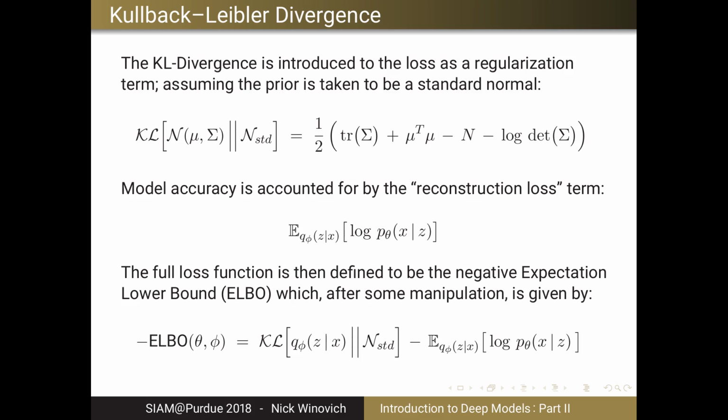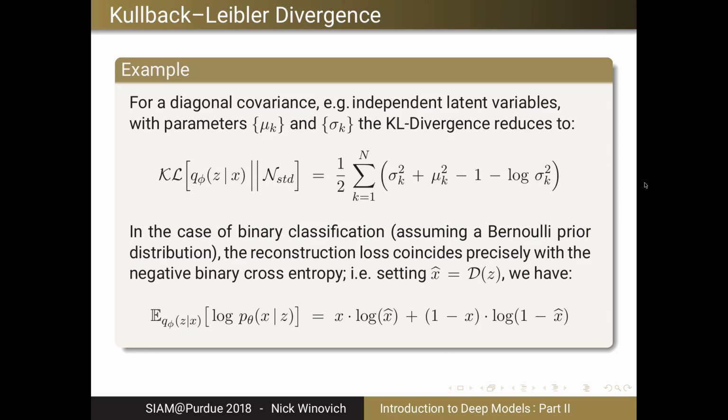So here's the calculation. To make this tractable, or just convenient, really, we've assumed that we have a standard normal distribution produced by our encoder, and we're assuming that our target distribution is a standard normal as well. The benefit of this is that we can compute the KL divergence in closed form, especially if we make an additional assumption that these latent variables are independent.